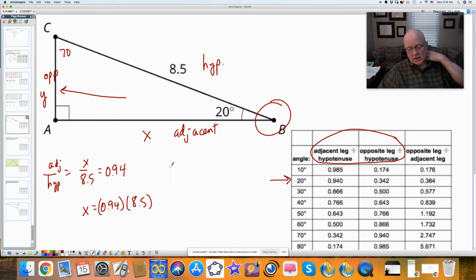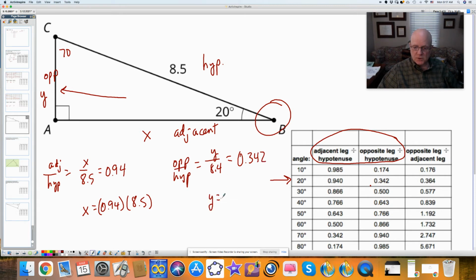The opposite over the hypotenuse would be Y over 8.5, and that has a ratio of 0.342. I can cross multiply and get Y is equal to 0.342 times 8.5. You can put these into your calculator and calculate them to 1 or 2 decimals, and solve it. That's how we solve it.